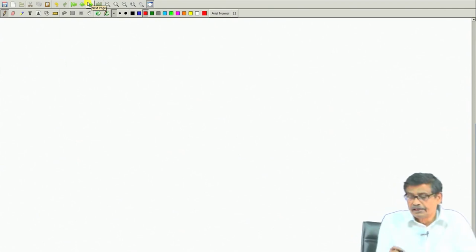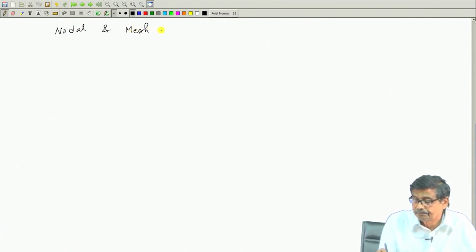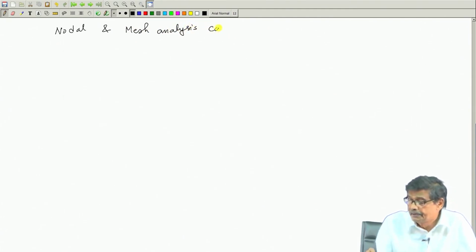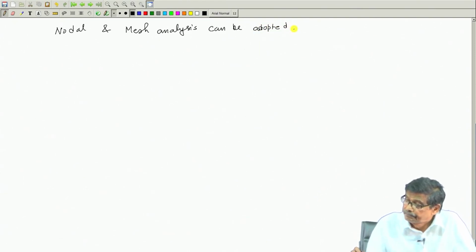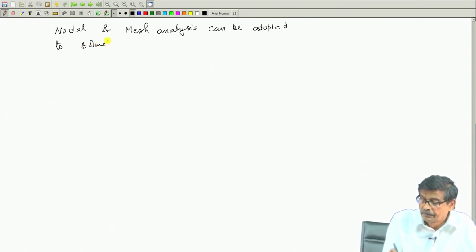For example, you have a circuit like this; nodal and mesh analysis can be adopted to solve network problems.